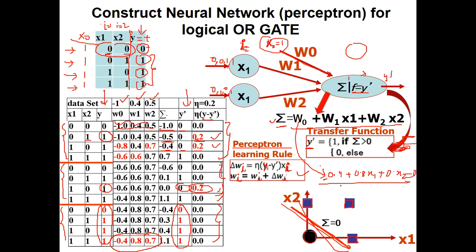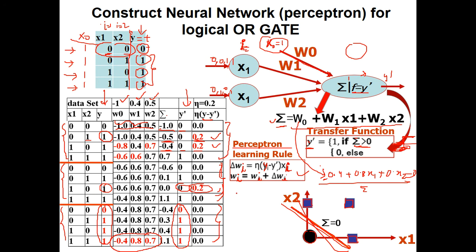This is also termed as sigma. So our model will be: whenever you get a new input x1, x2, you feed it here. If sigma is greater than 0, the output is 1, otherwise 0.